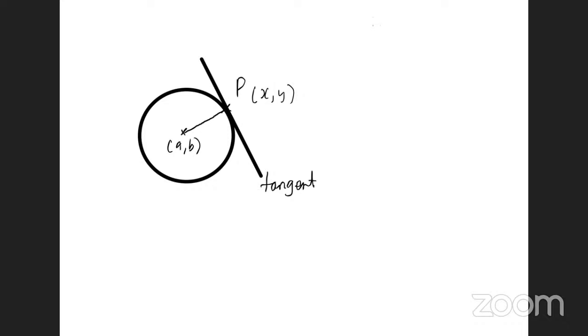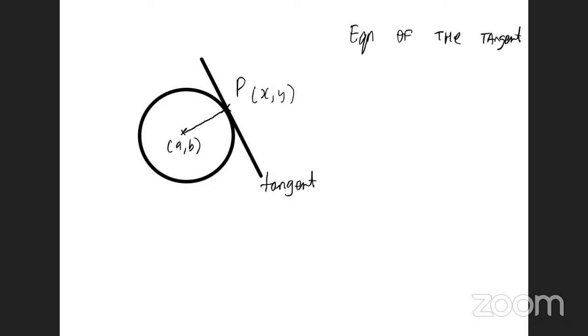Sometimes they ask us to find the equation of the tangent. Hold on, I have to improve on this handwriting. Anybody know when a tangent meets a radius, what's the angle between them?